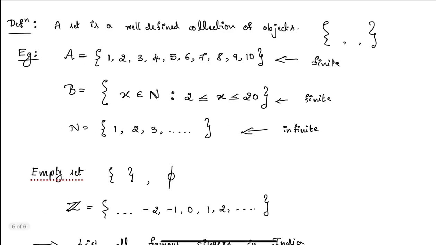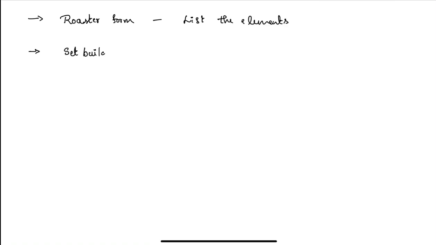How do we write sets? In two types. We have already seen in examples. Here we are listing the set elements, and here we are describing the elements. The same thing is called roster form, where we list the elements, and set builder form, where we describe the elements.